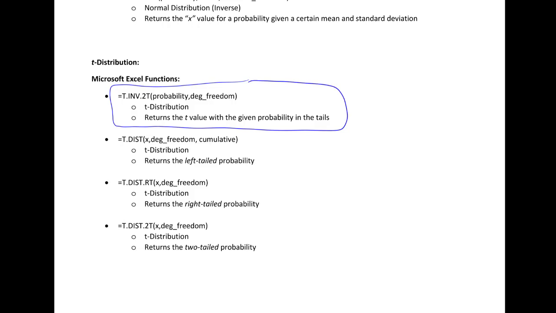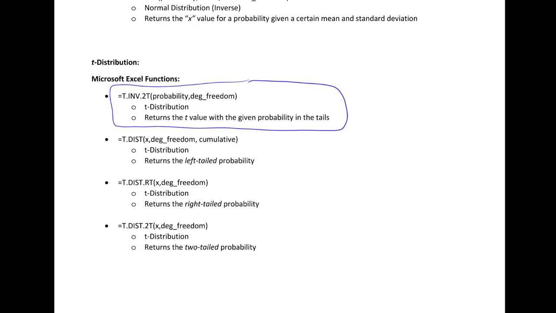Realize that when we do this, we're going to be specifying the probability and the degrees of freedom, because both of those are important in getting a t-value. But here is the big difference.